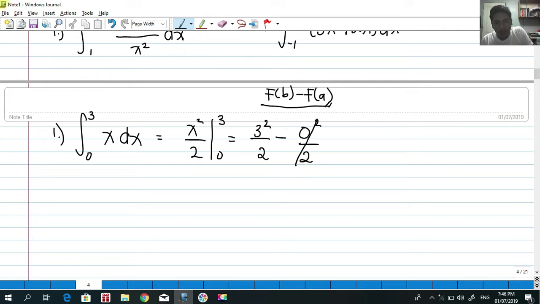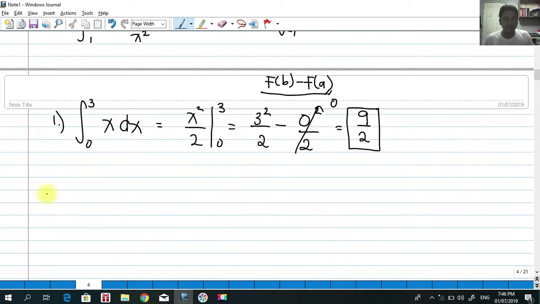This is actually 0. So 3 squared over 2, 3 squared is 9, so 9 divided by 2 should be our answer for the integral of x dx evaluated from 0 to 3. Pretty easy, right? The only difference is that if we evaluate definite integrals, it should yield a constant value.